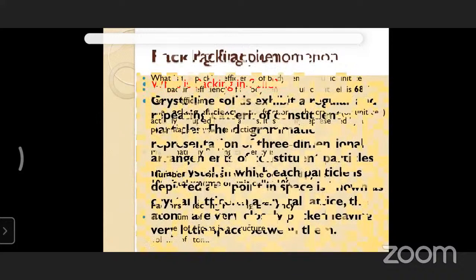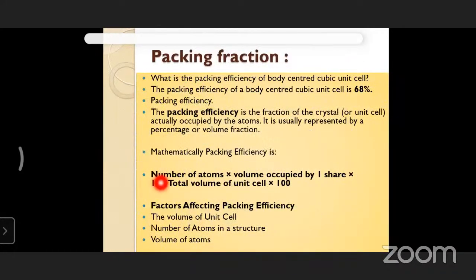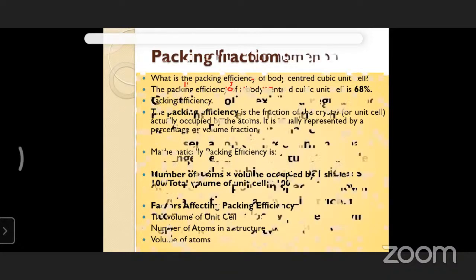I told now how we got this 68%, and what formula we have used till now: number of atoms in the particular unit cell into the volume occupied by one sphere into 100 by the total volume of the unit cell. That we have used. Okay, so this is the case.